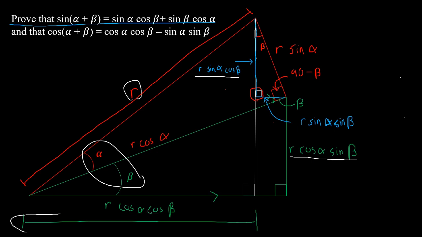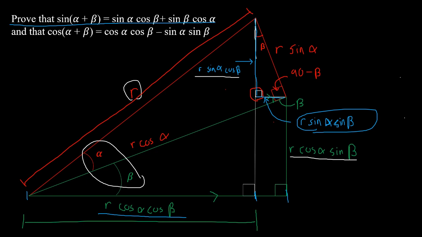We can do this quite easily, because we know that this entire leg is equal to r cosine alpha cosine beta, and this smaller segment, which we found the length of up here, is equal to r sine alpha sine beta.